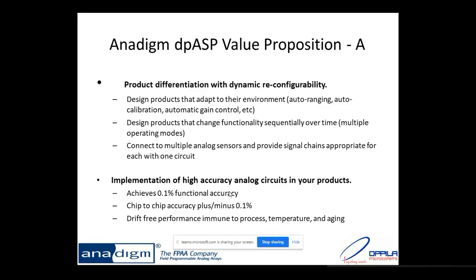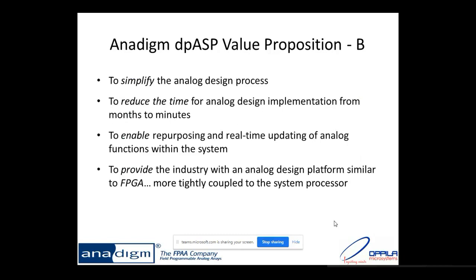Drift-free performance, immune to process, temperature and aging. These are also advantages of this FPAA. With simplified analog design, you can reduce the time for analog design implementation. In the linear integrated circuits laboratory and electronic circuits laboratory, you have to spend a lot of time to design a simple circuit, taking op-amps and passives like capacitors and resistors to build a simple inverting or non-inverting amplifier.